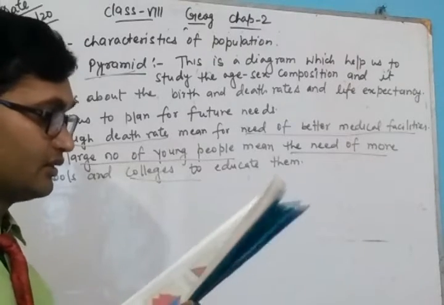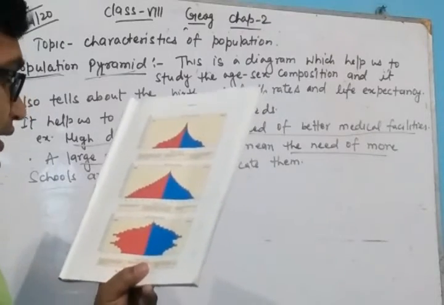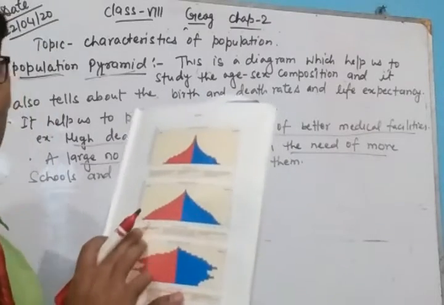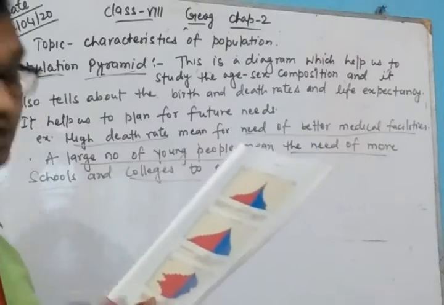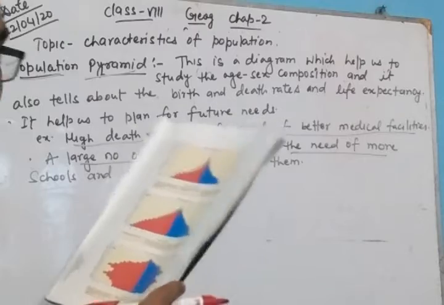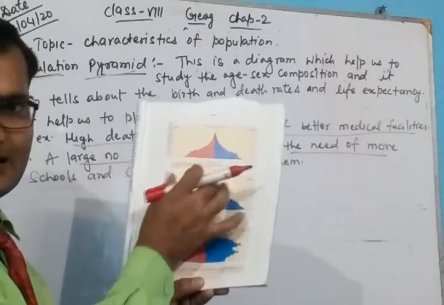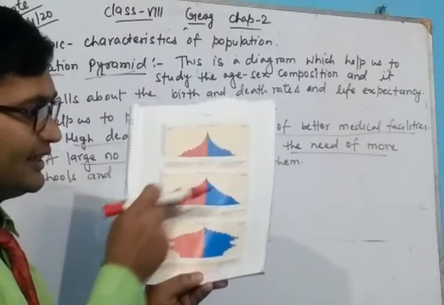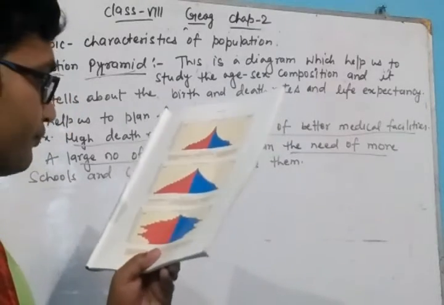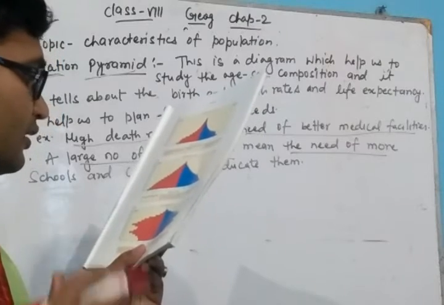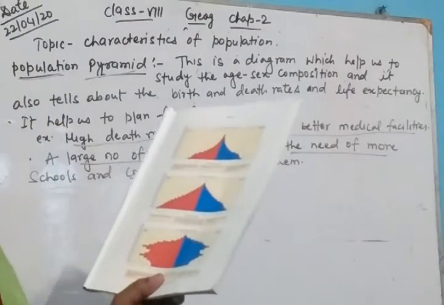Now see the next pyramid, that is the population of India. Here the broad base shows a high birth rate. The pyramid narrows, but with a gentle slope, which shows the number of deaths is also very low. Fewer people die.